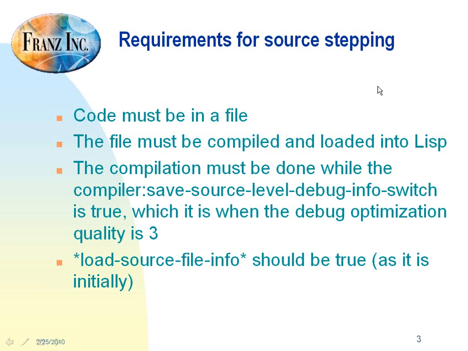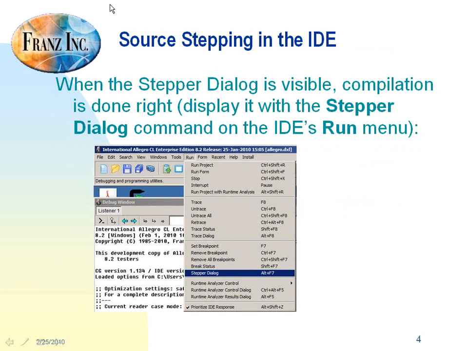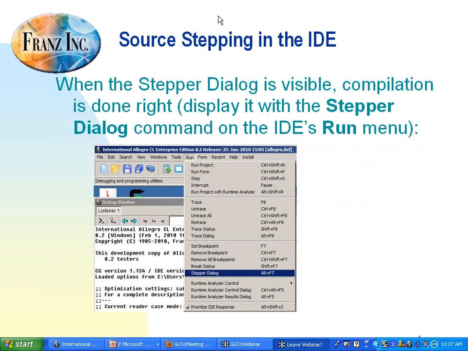Now, source stepping in the IDE. When the Source Stepper, which I will show you in the next slide, is visible, compilation is done right, where right means for the purpose of having the stepper information stored in the FASL file.